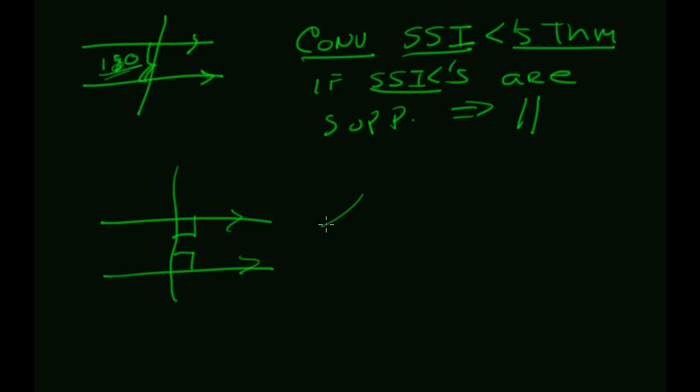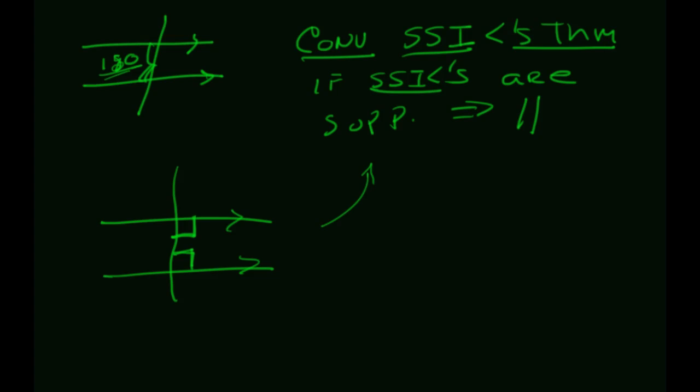This is basically a corollary of this, because if that's 90 and that's 90, then they're supplementary, which means the lines are parallel. Okay, so two lines perpendicular to the same line in the plane have to be parallel.